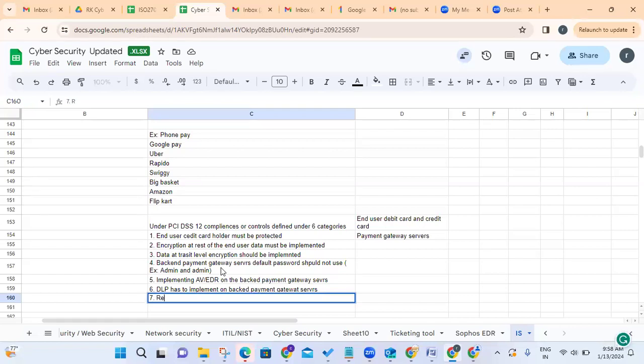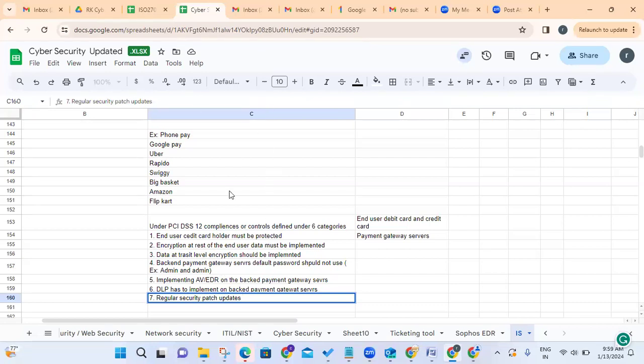Next one is regular security patch updates. How can we do the scanning of these security patch updates? What is the name of the process?